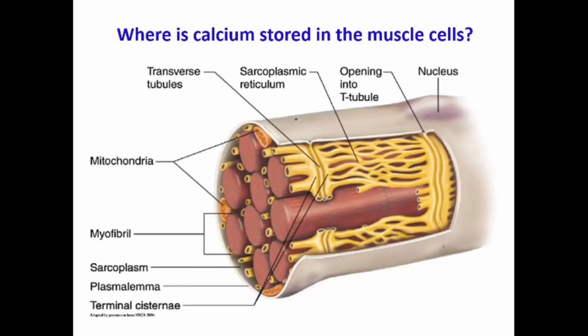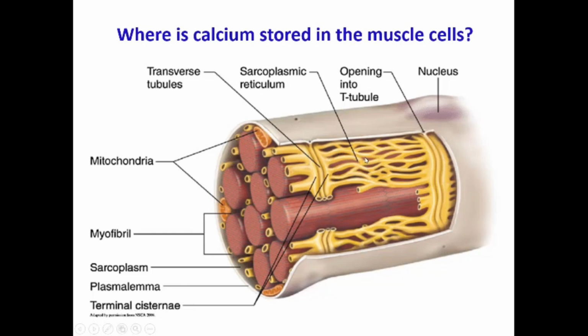We said that calcium starts muscle contraction. Now we want to know where calcium is stored in the muscle cell. The calcium is stored in a well-developed organelle within the muscle cell called the sarcoplasmic reticulum.